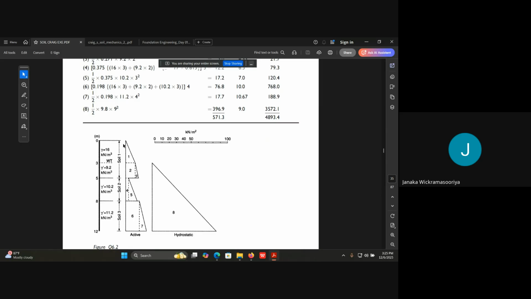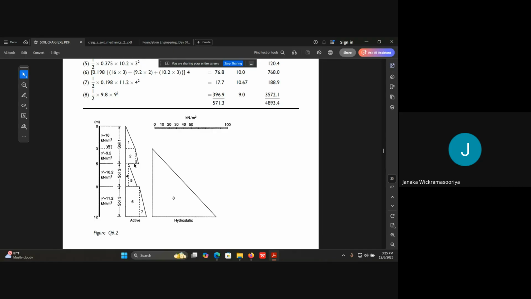So in the earlier one, we will have to plot this. So this is what I told you, that at one particular location, the lateral pressure changes quickly because of the change in the friction angle.